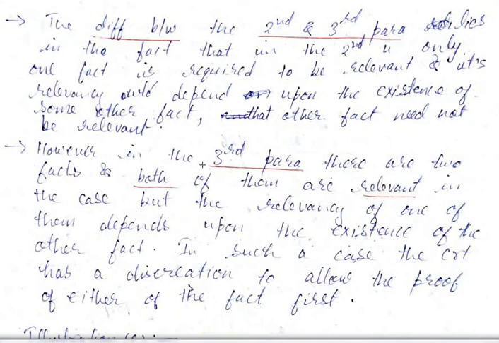However, in the third para, there are two facts and both of them are relevant in the case. But the relevancy of one of them depends upon the existence of the other fact. In such a case, the court has a discretion to allow the proof of either of the facts first.